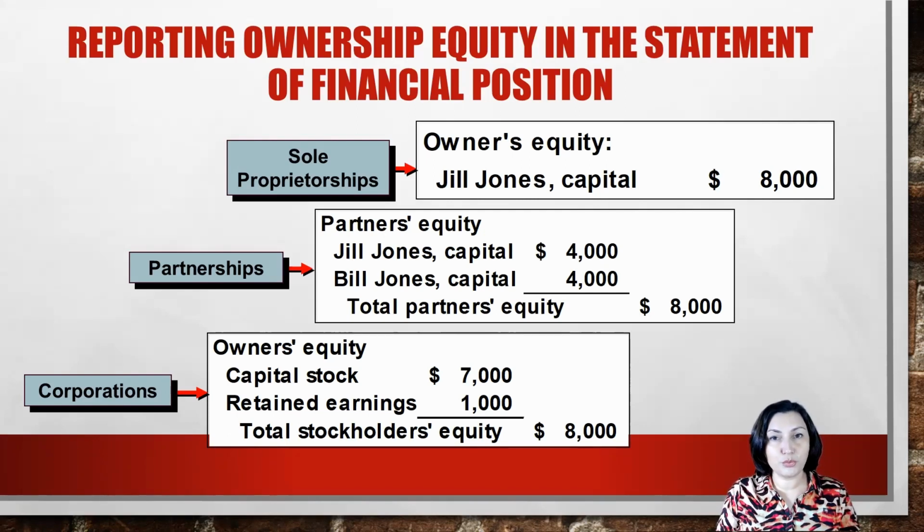A corporation will show owners' contributions in the capital stock account and accumulated earnings of the company in the retained earnings account. You should be able to tell the form of a business by looking at the equity section of a balance sheet.